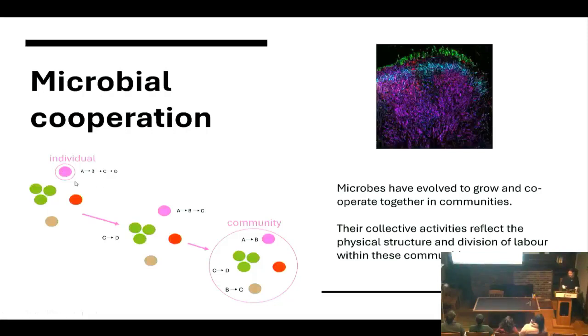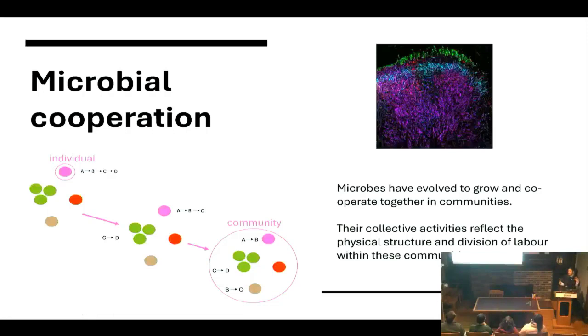If an individual microbe was alone and trying to do the conversion of a product A all the way to D, it's going to need encoded in its genome genes that can catalyze the reaction A to B, B to C, C to D. But if they start forming communities, like down here, this pink species now only needs to encode in its genome genes that can catalyze A to B, because a different species in its community that is in close proximity is doing the other one, and another one is doing another one. So it's a lot more energy efficient, and the process is a lot more efficient.